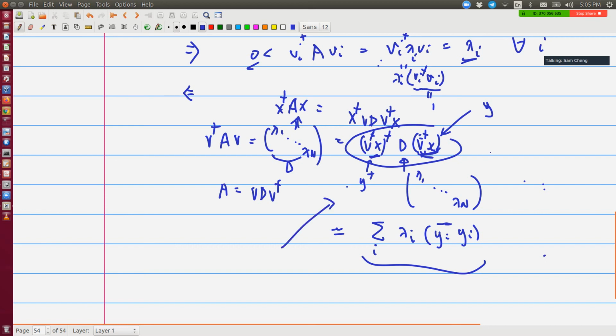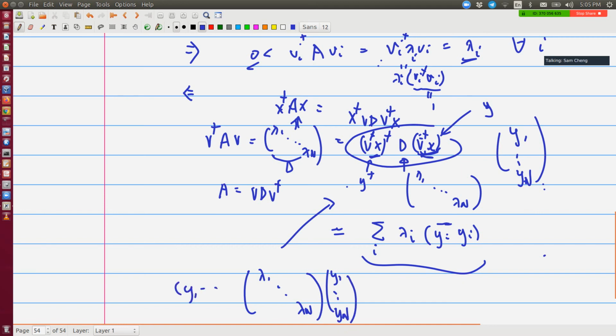This is a vector y with entries y1 up to yn. So this is lambda 1 to lambda n times y1 to yn, and this is y1 to yn, the complex conjugate of that, because of the Hermitian, so a complex conjugate of each of these terms.